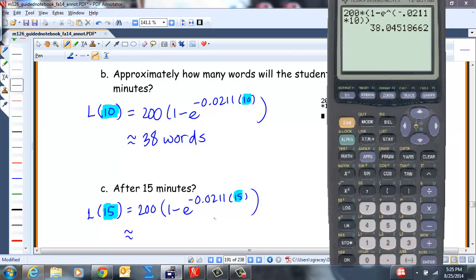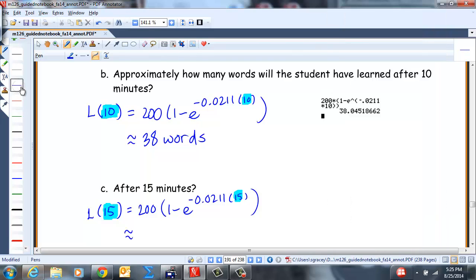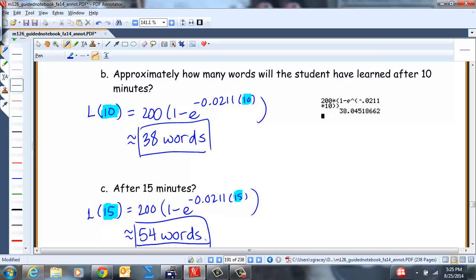So instead of 10, we'll be putting in 15. So we get approximately 54 words learned after 15 minutes.